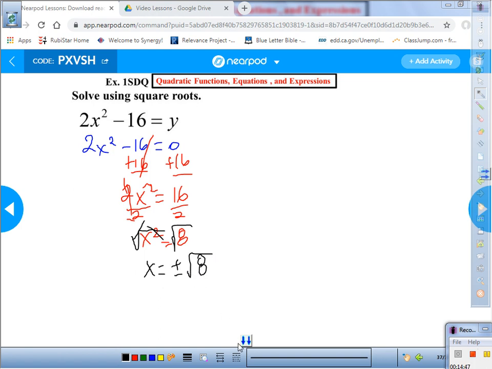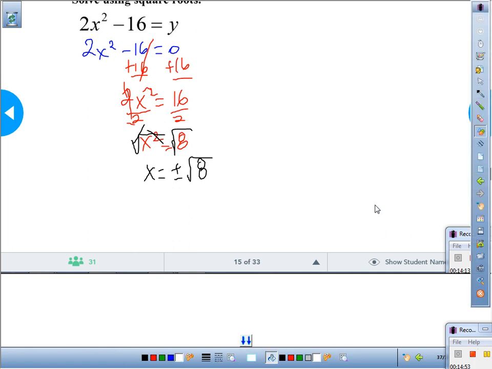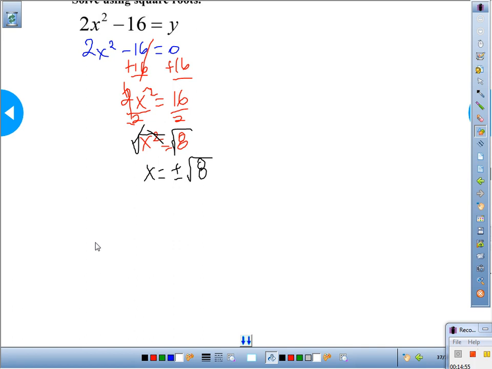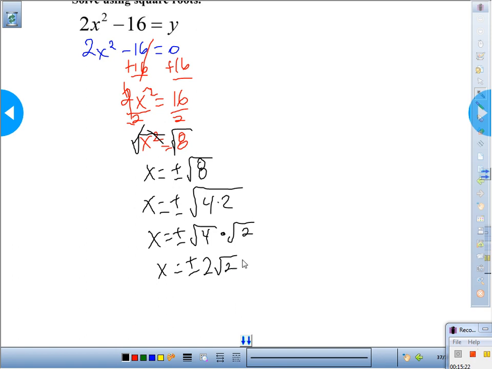However, I said, if you see something, see if we can do anything else. Look up. Who sees this? Can we simplify that? Tell your neighbor how to simplify it, please. That is correct. X equals plus minus square root of 4 times 2. X equals plus minus square root of 4 times square root of 2. X equals plus minus 2 square root of 2.